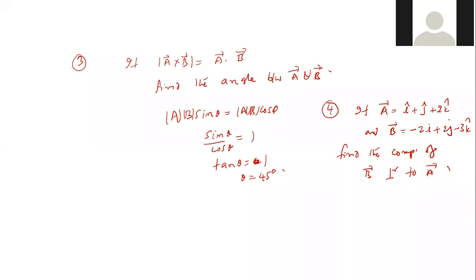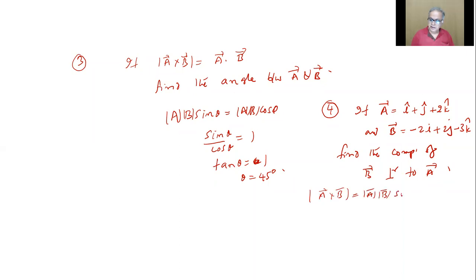Sir, if B is perpendicular to A, then sin 90 is equal to 0. Look, mod of A cross B will be mod A mod B sin theta. This is A, this is B. We wanted the component of B perpendicular to A. That means we wanted B sin theta.